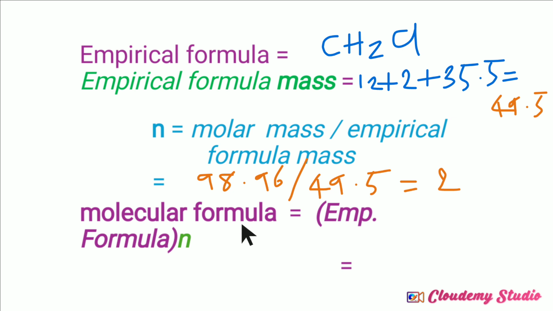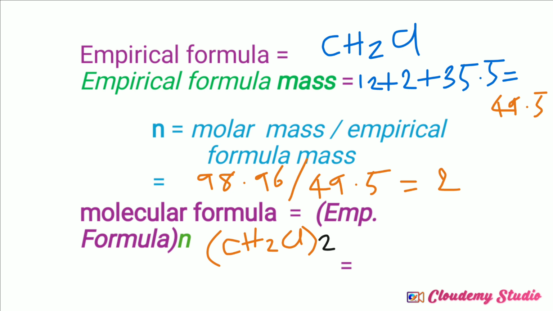Now we can substitute in this formula: molecular formula is equal to empirical formula times n. The empirical formula is CH2Cl. This has to be multiplied by the value of n, that is 2.